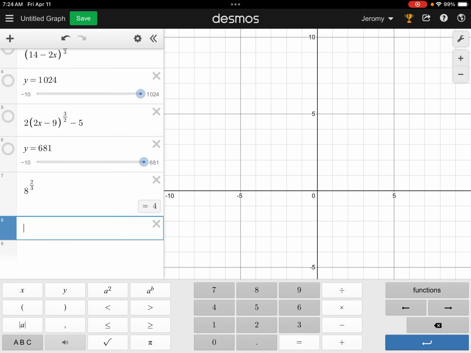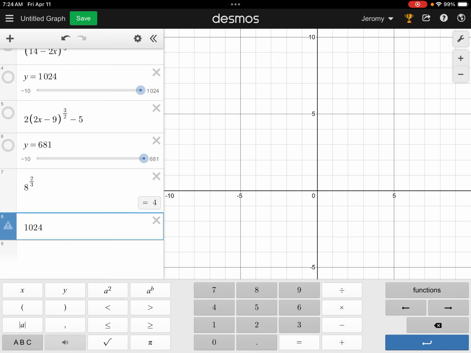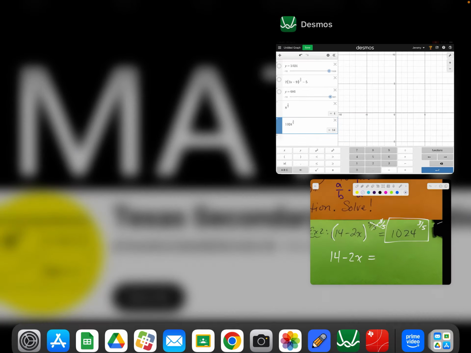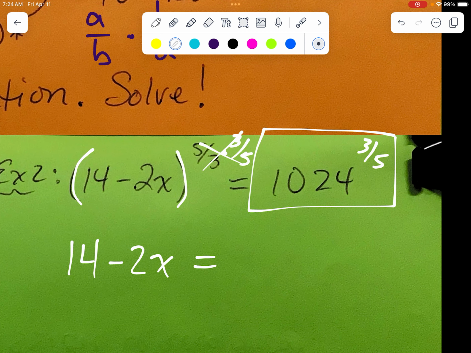All right, so here we go. 1024 raised to the 3 divided by 5 power is 64.